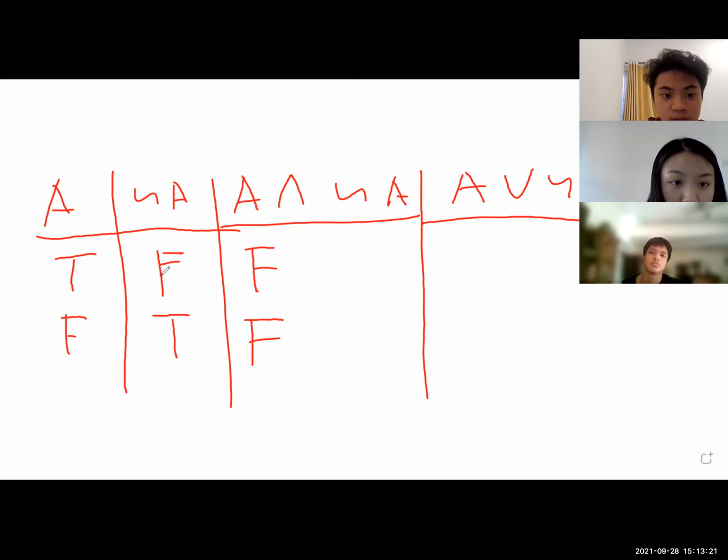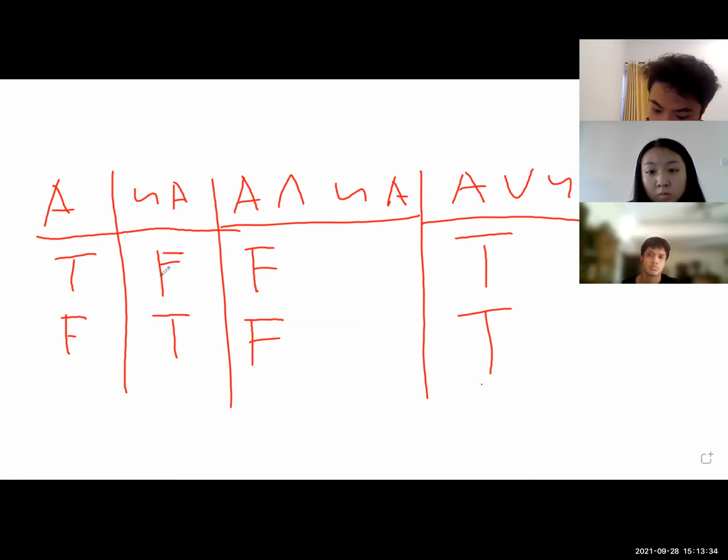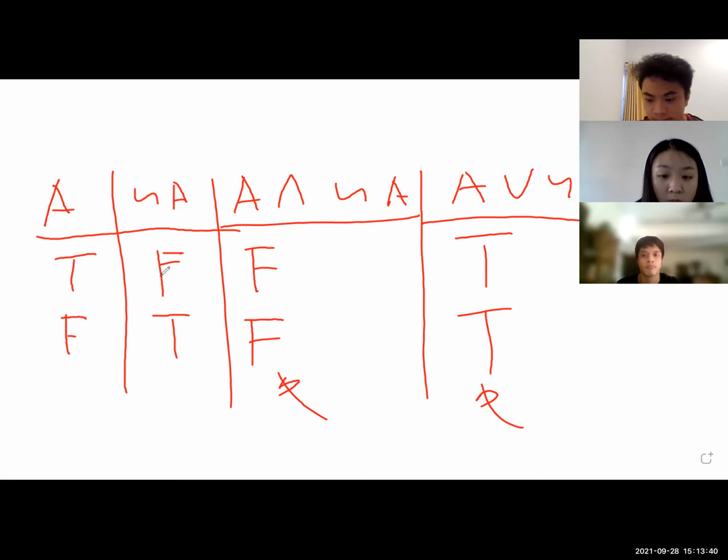True, right? How about this one? A is false, not A is true. What is A or not A? True too. See, this is tautology. And this is contradiction. Right?